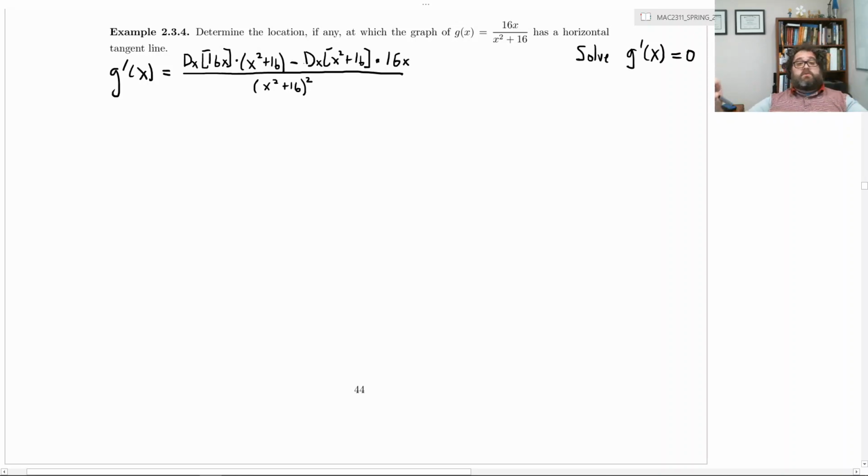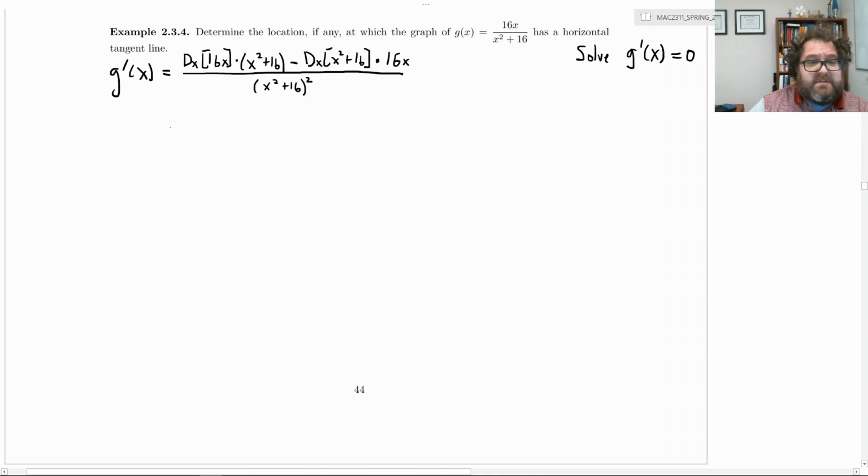Okay, so that's what the quotient rule tells us to do. And please don't skip that step. If you try to skip that step, you're gonna get messed up. You're gonna make an error somewhere, and then you're gonna do all this work and get the wrong answer. So do not skip the first step when you're writing out what the quotient rule says. Same thing for the product rule, like I did on the last example.